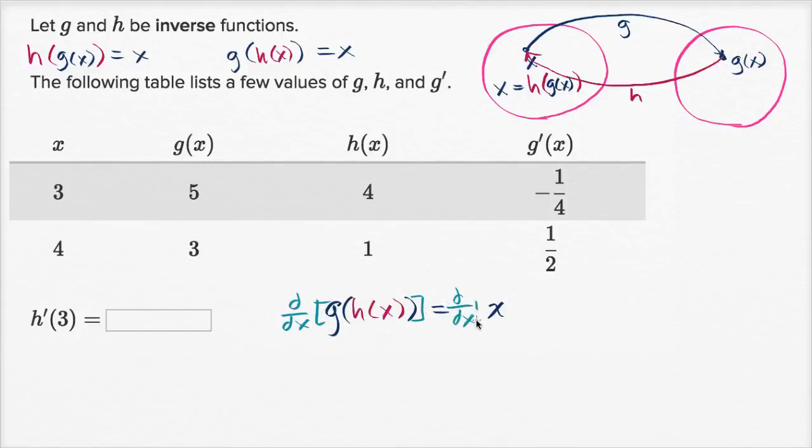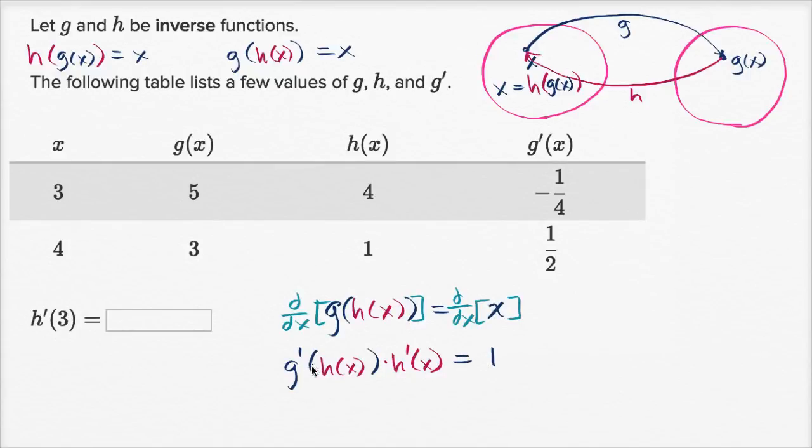And on the left-hand side, well, we just apply the chain rule. This would be g prime of h of x times h prime of x. That's just the chain rule right over there. And then that would be equal to, what's the derivative with respect to x of x? Well, that's just going to be equal to 1.